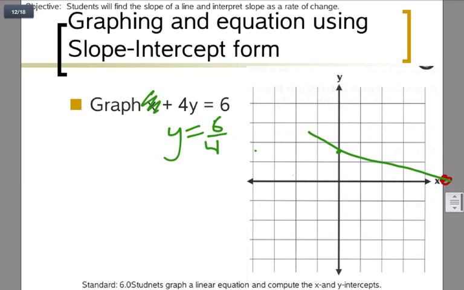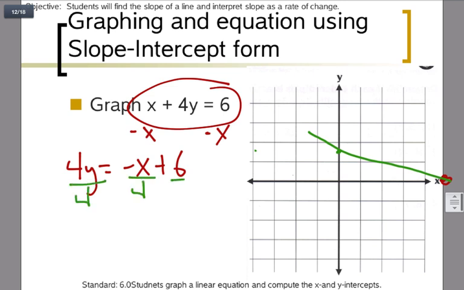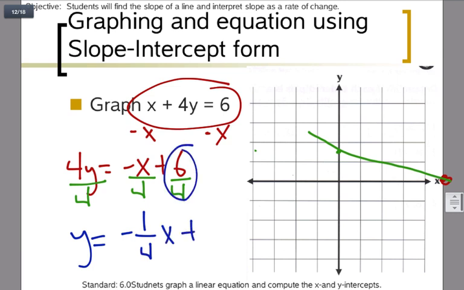We already know that. So now the new way is to get y alone by subtracting the x to the other side, and that gives me 4y equals negative x plus 6, and then I divide by 4, and that gives me y equals negative 1/4 x plus, if I reduce the 6/4, that reduces to 3 halves.